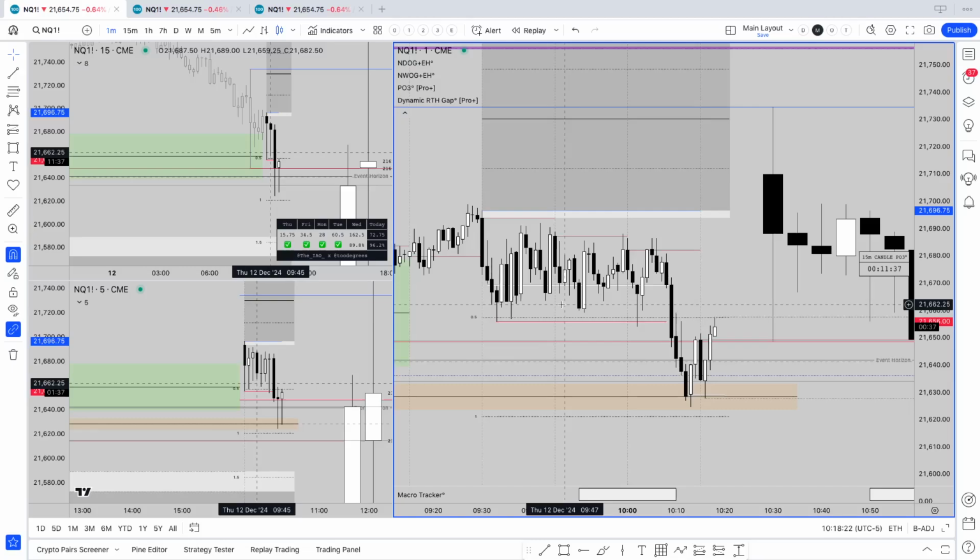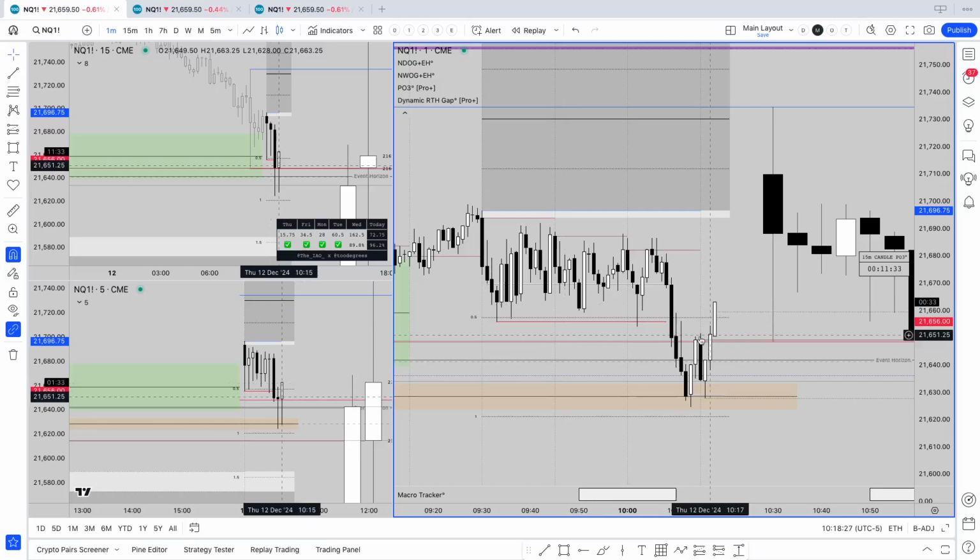Now, when this candle closes above this down candle, this is an order block here. And this is the most sensitive part of this order block here.